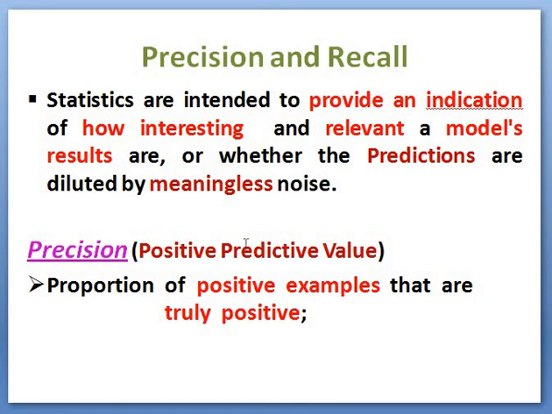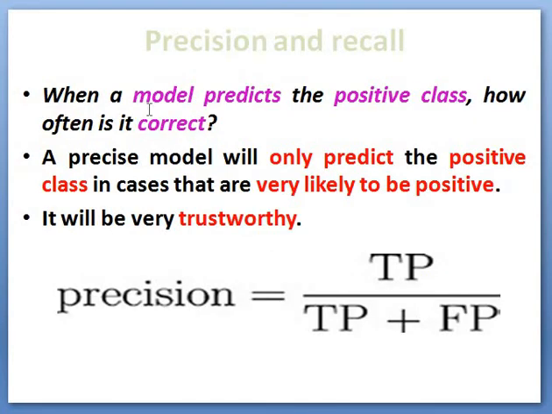Precision, the positive predictive value, can again be defined as: when a model predicts a positive class, how often is it correct. So a precise model will only predict the positive class in cases that are very likely to be positive.